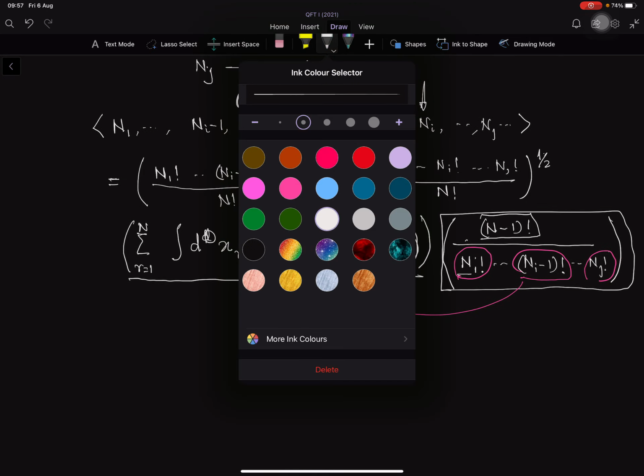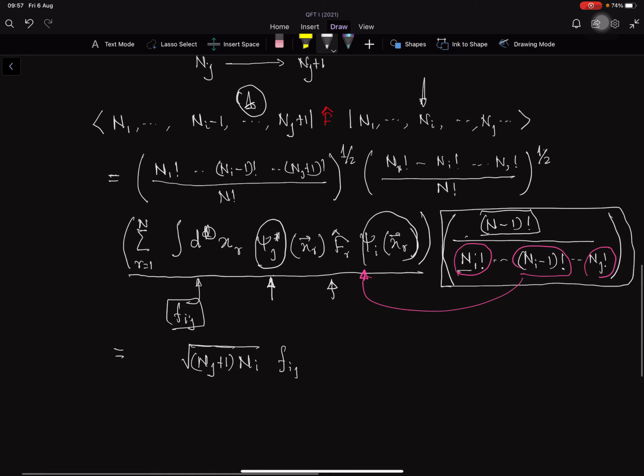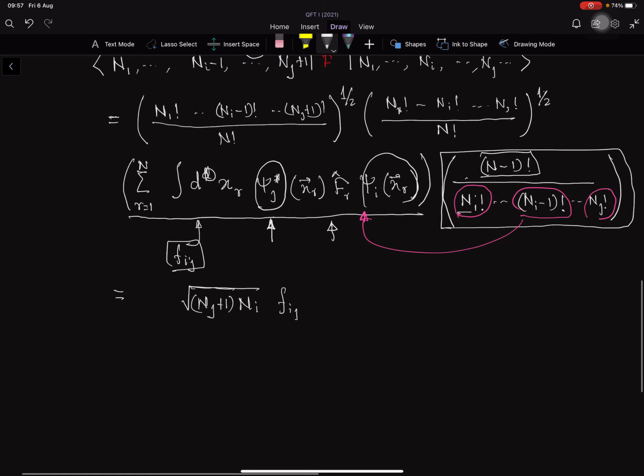And then if you put all this together and simplify, this expression simply becomes the square root of (nj plus 1) times ni, times Fij.